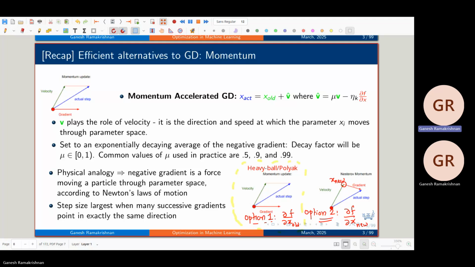Okay. The other point we wanted to keep in mind is step size. It should almost automatically satisfy nice properties. Right?